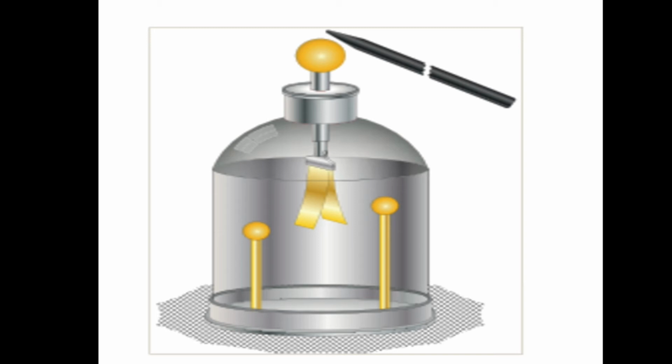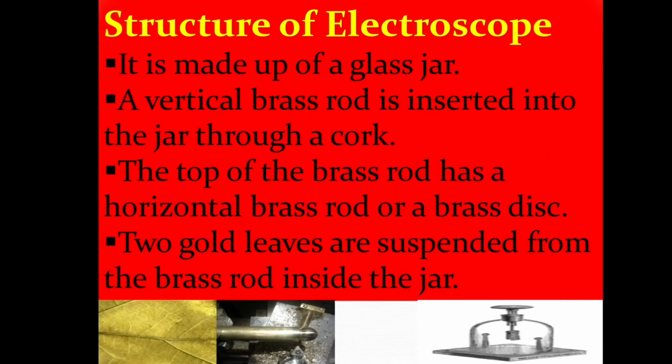Structure of the electroscope. It is made up of a glass jar. A vertical brass rod is inserted into the jar through a cork. The top of the brass rod has a horizontal brass rod or a brass disc. Two gold leaves are suspended from the brass rod inside the jar.